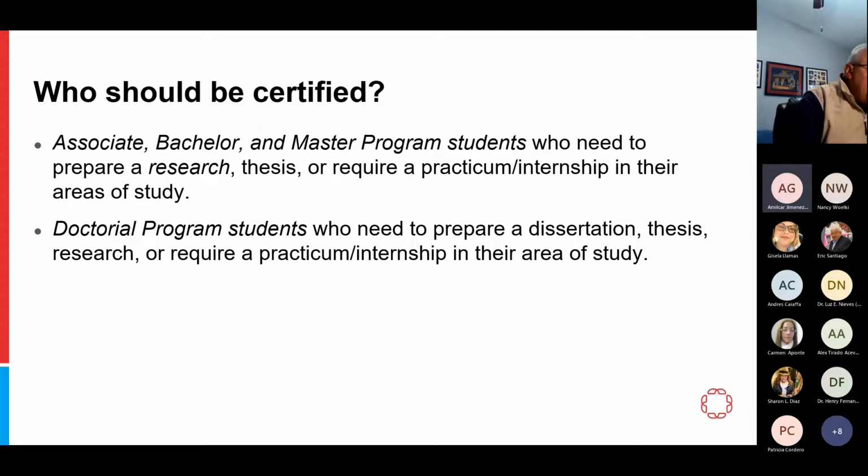Associate, bachelor's, and master's program students who need to prepare a research thesis or are required a practicum in their area of study. Doctoral students who need to prepare a dissertation, thesis, research, or are required a practicum.